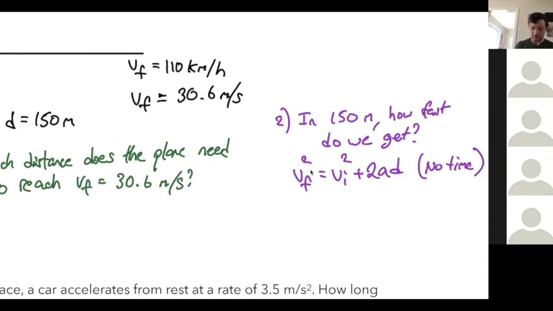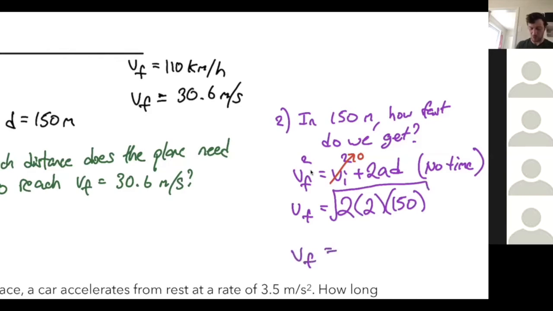We know we start from rest, which means 2 times 2 times 150. For v final squared, we should just take the square root of that.